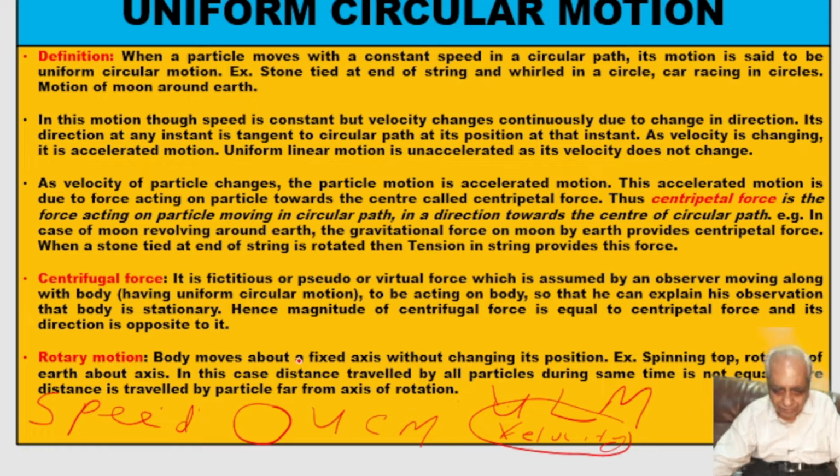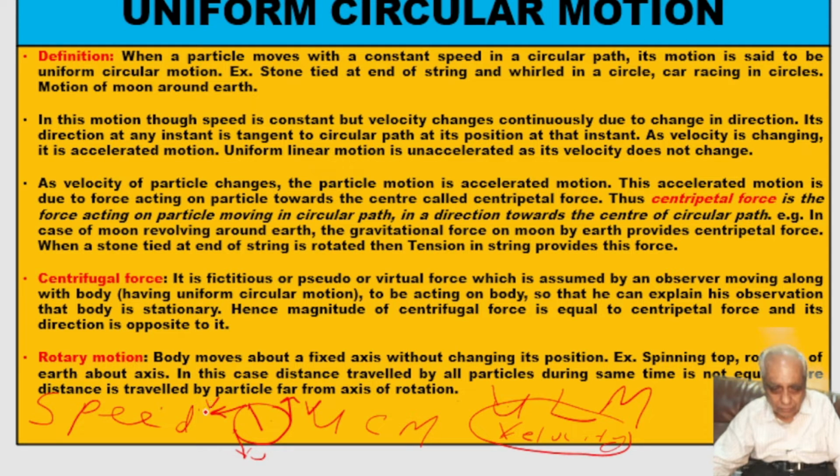In this case, speed is remaining constant, but velocity is changing. Velocity at any point is given by drawing a tangent to the radius at that point. This is the radius at this point, this is the tangent here. So here this is the velocity. Here the direction of velocity would be in this way. Here the direction of velocity would be in this manner.